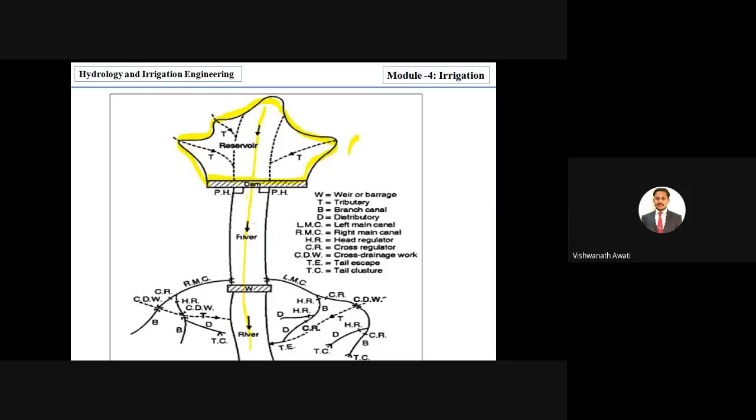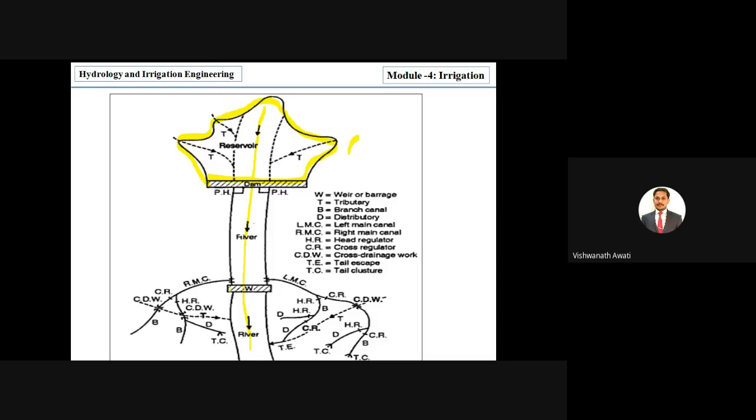Water will be stored in the storage area. Then, for example, if it is hydropower generation, water is supplied for power generation. After using it for hydroelectric generation, the water is again collected into the river, and then there is a construction of a weir.